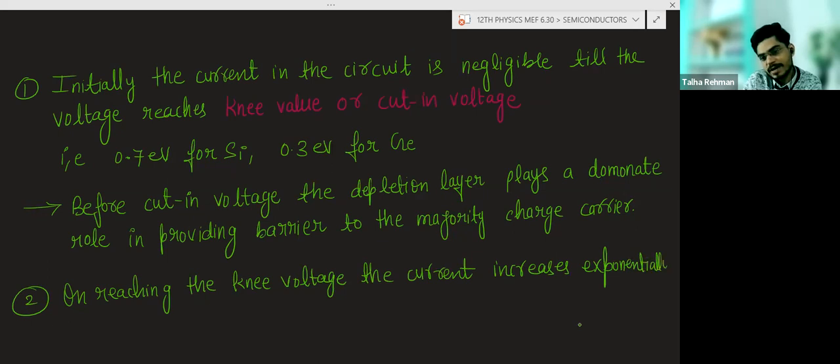Exponentially means very fast. Exponentially means you can say sharply also.